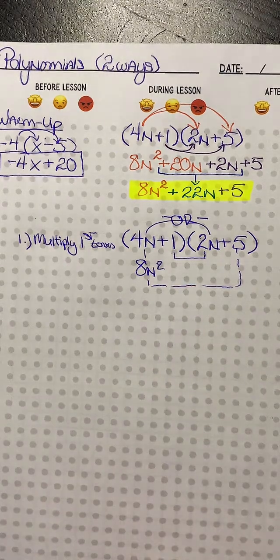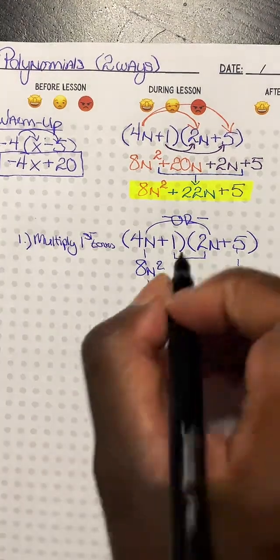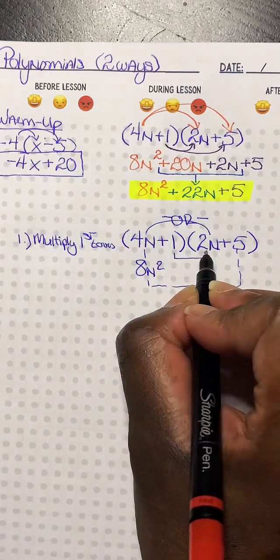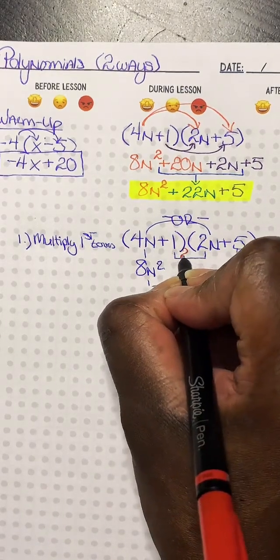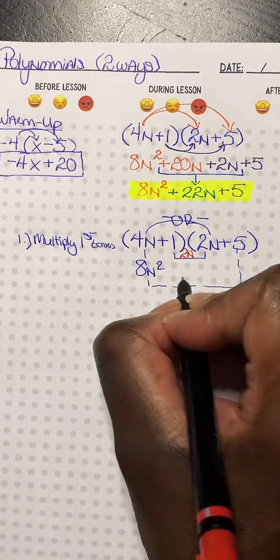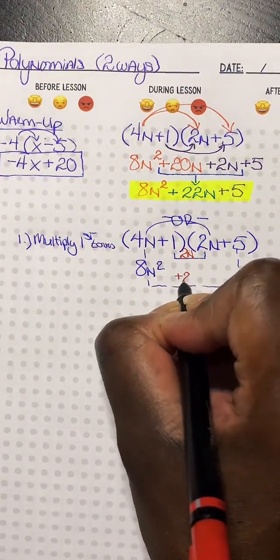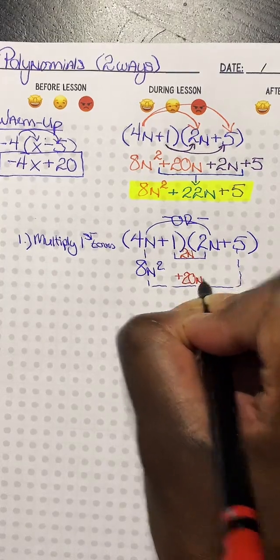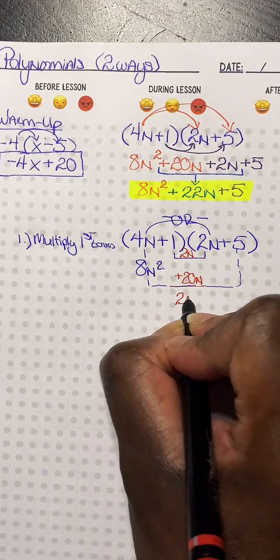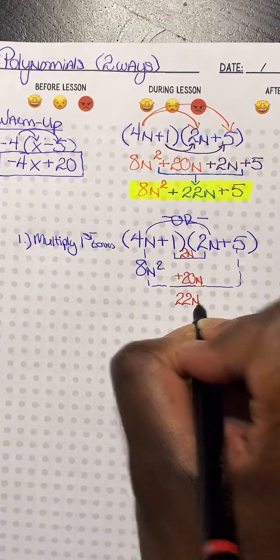I know, I've seen it. Some people like it. I'm just showing it. And if you're just like, what the hell, Audrey? Just work with me, okay? So you got 1 times 2n, so this gives me 2n. And then you have 4n times 5, that gives me a plus 20n, combined will give me my 22n.